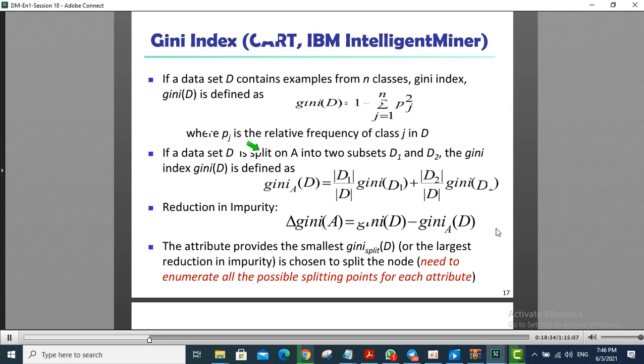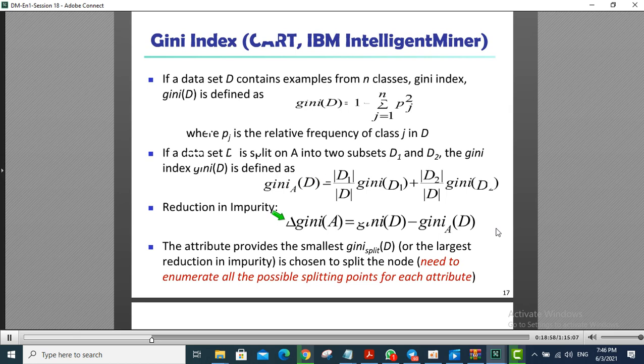To split dataset D into D1 and D2, two different datasets, in CART we should use the Gini index using this equation and this equation.